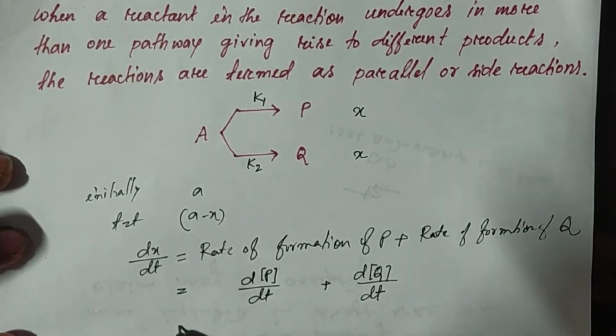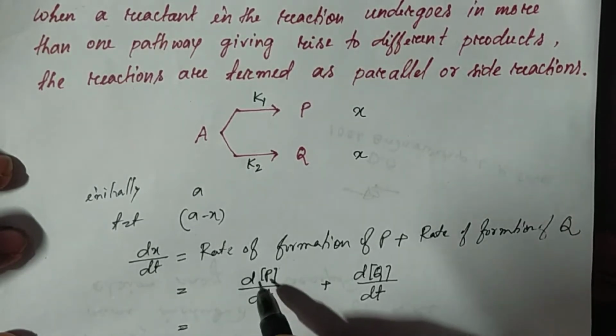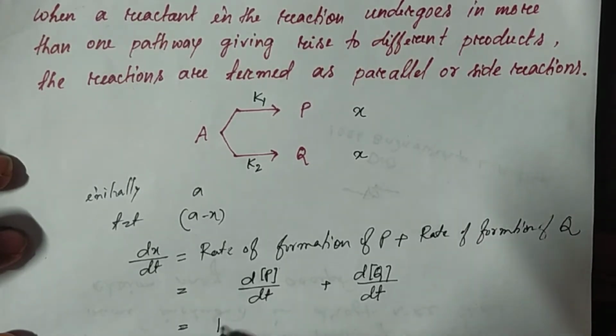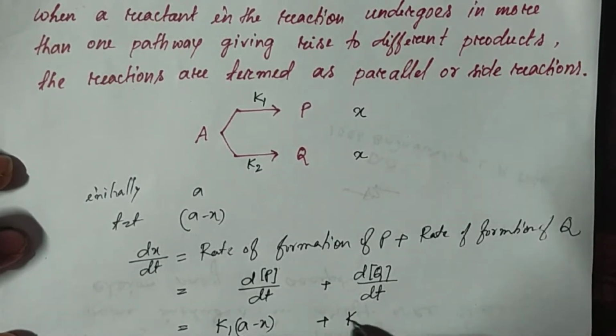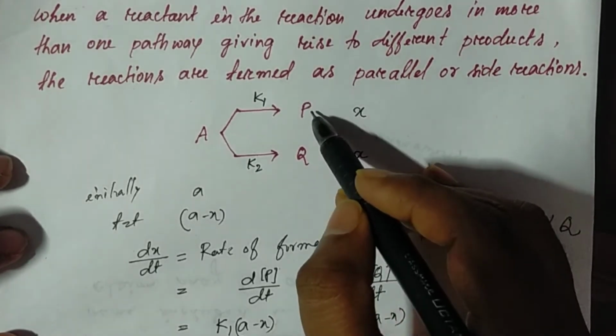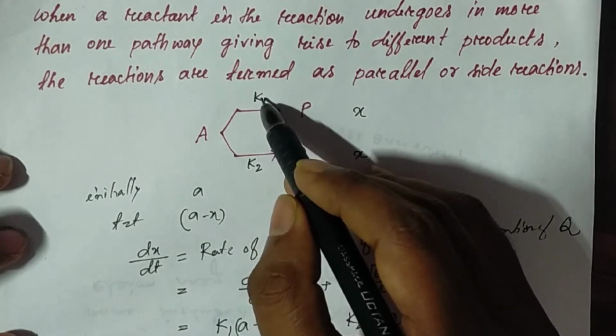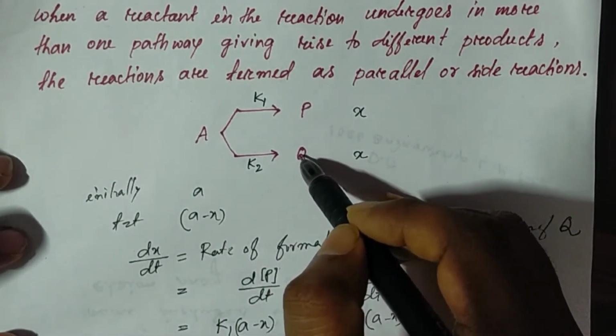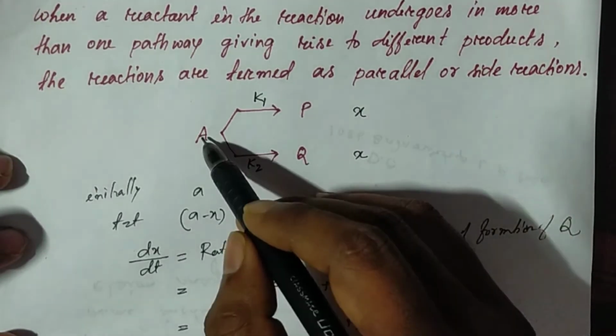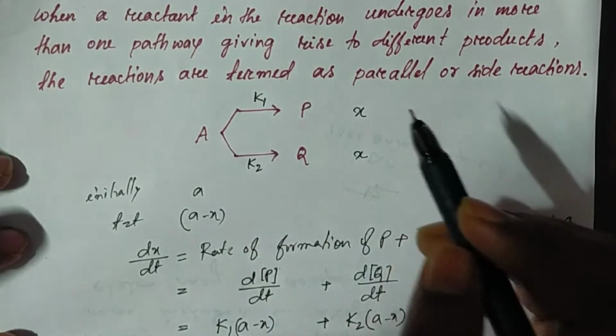So dP by dt means K1 (a minus x), and dQ by dt means K2 (a minus x). That means for P, rate constant into concentration of reactant, and for formation of Q, rate constant into concentration of reactant.